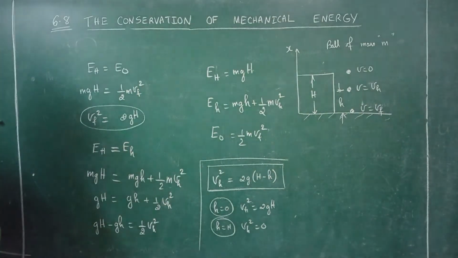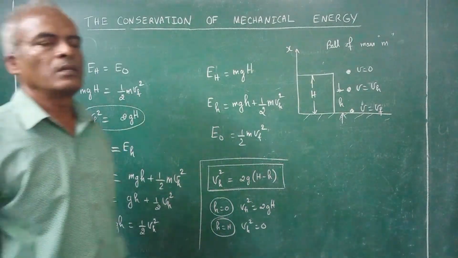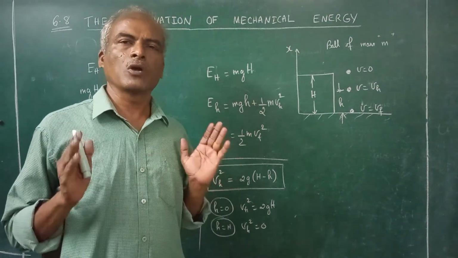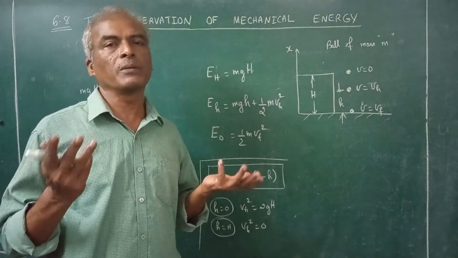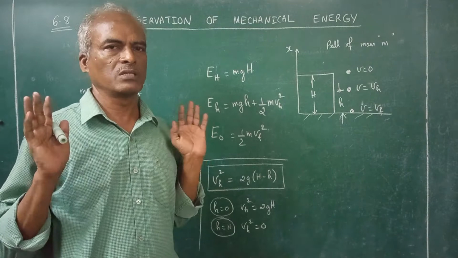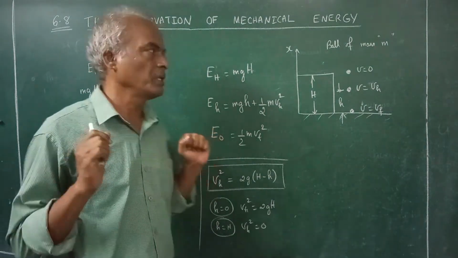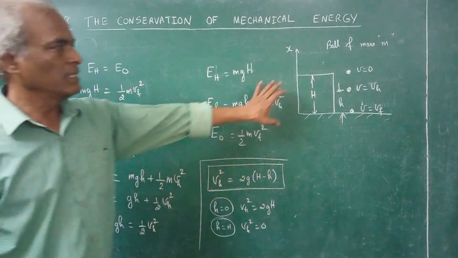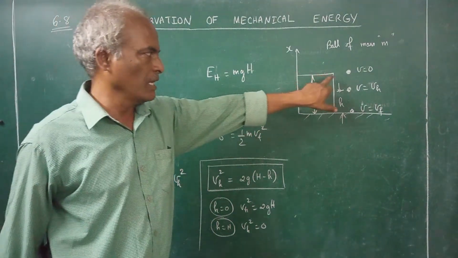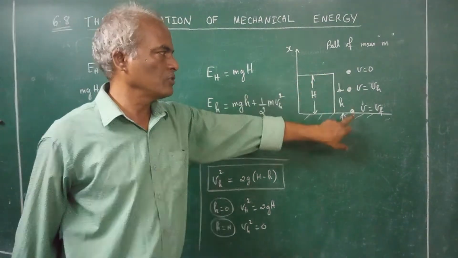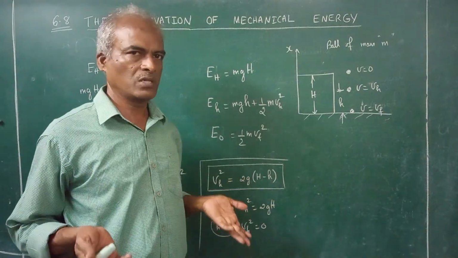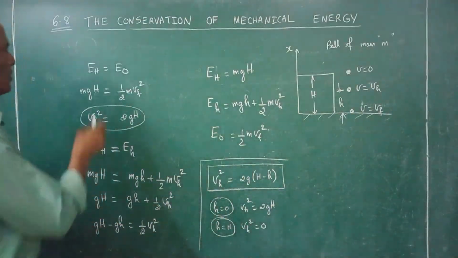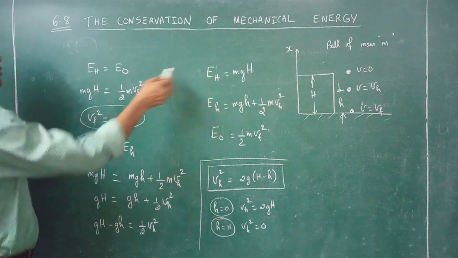Now, according to the principle, energy can neither be created nor destroyed. One form of energy reappears in another form without any loss. That's our statement, and we have to prove it. Therefore, EH is equal to E naught. The energy at this height should be equal to the energy at ground. EH we know is mgH.